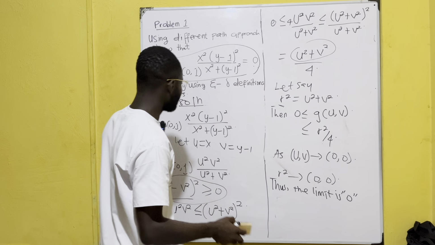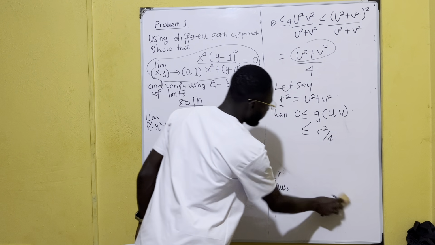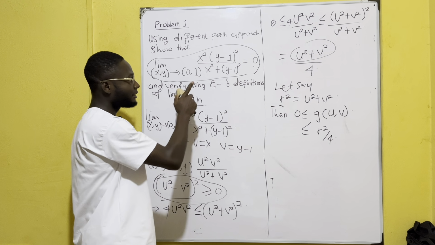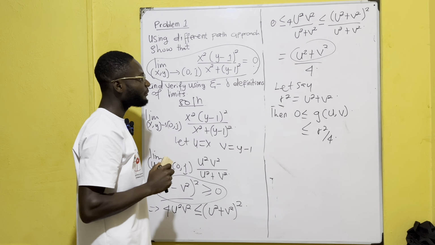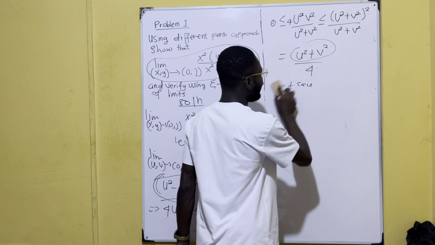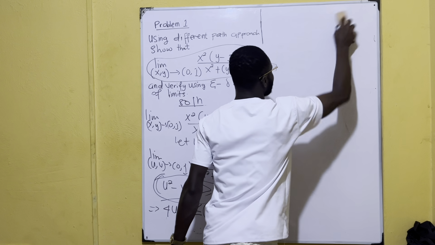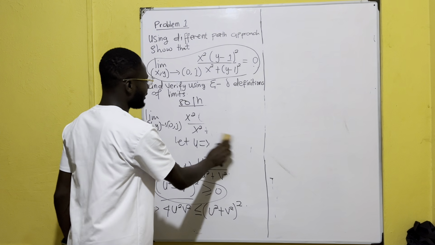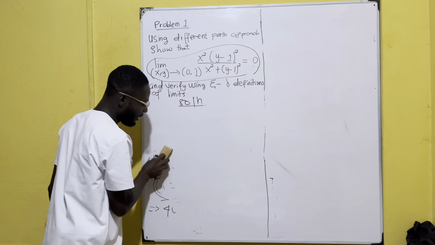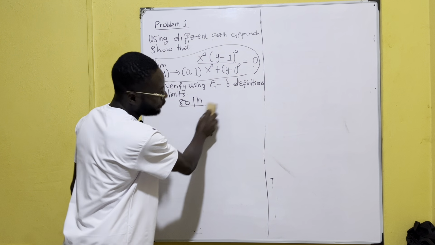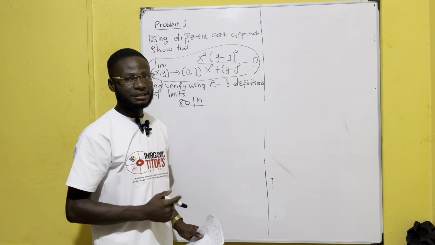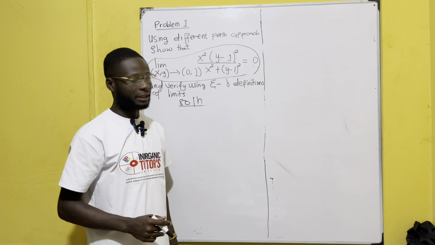So let's come back. Now we have used the different path approach to show that this limit is 0, as you saw. Now we are coming to use the epsilon delta definition to also show that. But remember, as I said earlier, you have to look at the problem before you use it, because sometimes the direct substitution doesn't work.